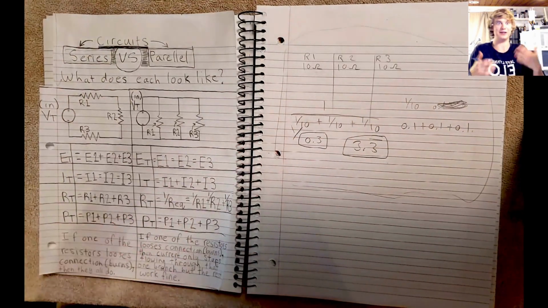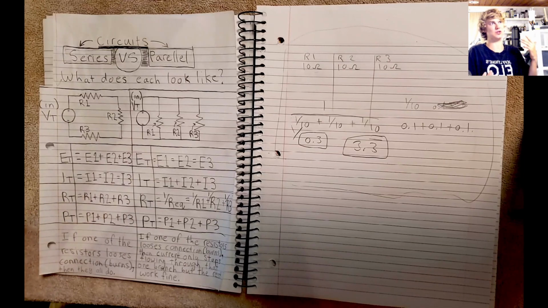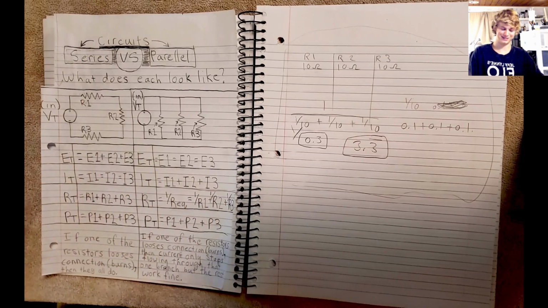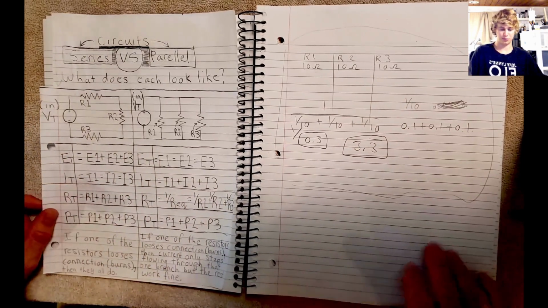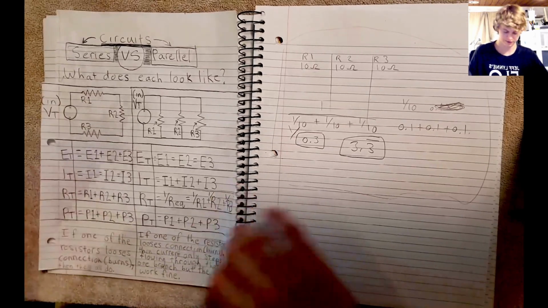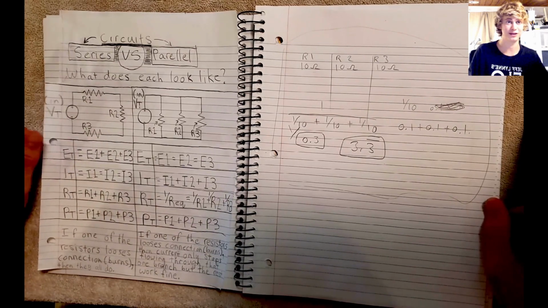You're not going to have to study, oh my gosh, for parallel circuits you have to do 1 over the resistance equals 1 over each of them added together. You'll do it a few times and you won't forget it, because it's just kind of ridiculous. But that's how you get your answer, and that's how we solve the total resistance of a circuit that is wired in parallel.